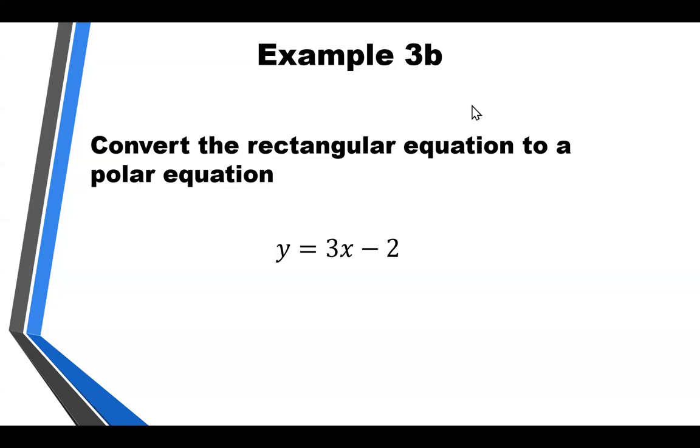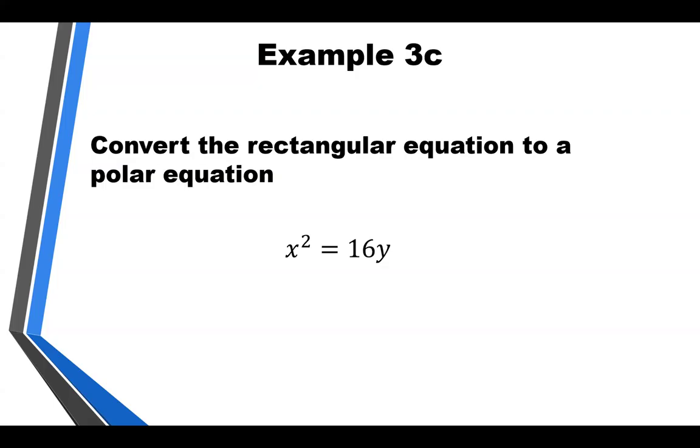Let's look at a couple more. Let's convert this rectangular equation, which is an equation of a line, to a polar equation. It is y equals 3x minus 2. And so that I don't have to go back to these slides, let's also convert the rectangular equation x squared equals 16y to a polar equation.